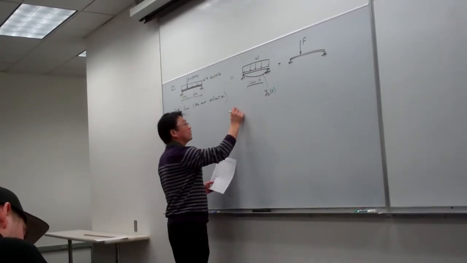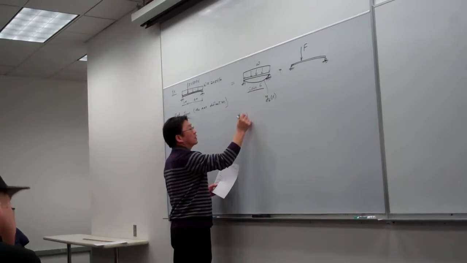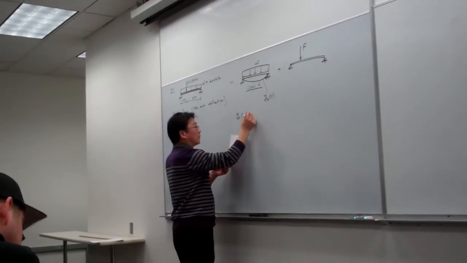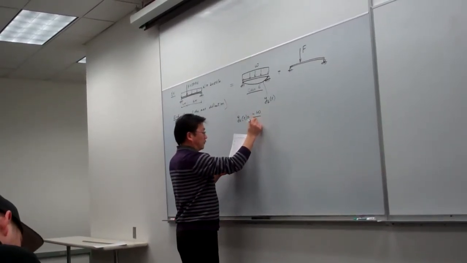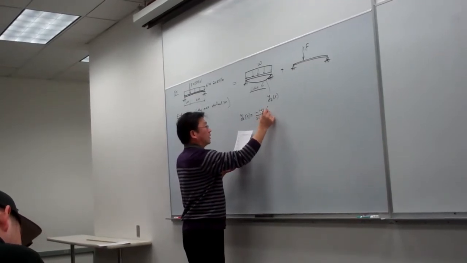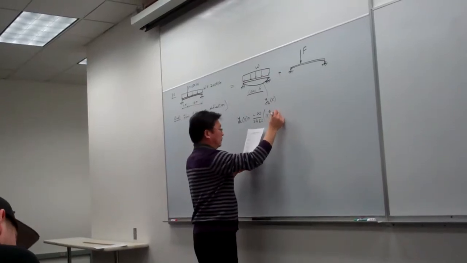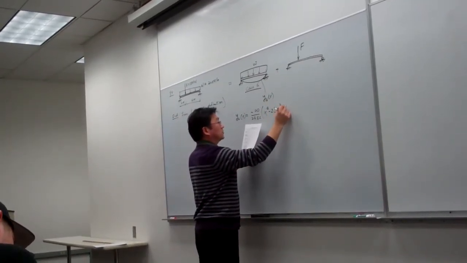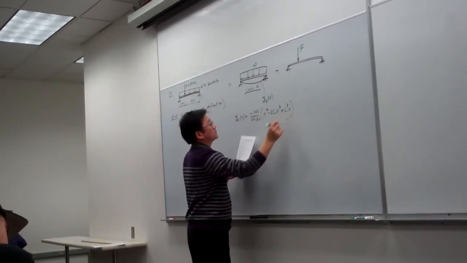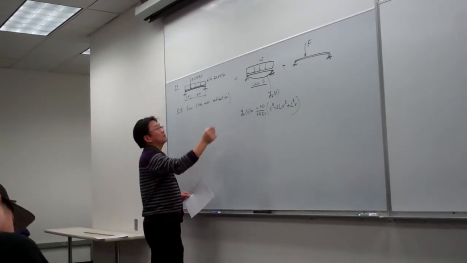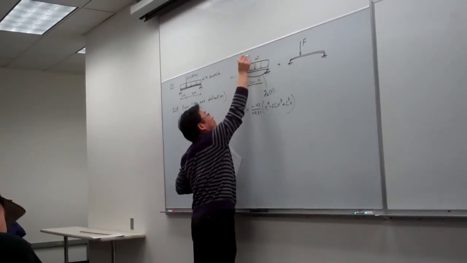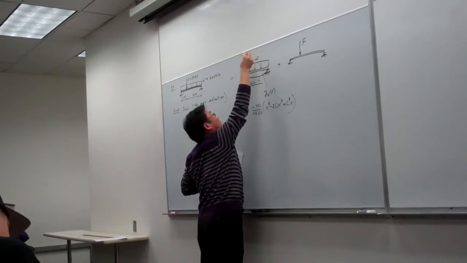Okay, so from the table we can see the Y6 is minus omega over 24 EI, and X^4 minus 2L X^3 plus L^3 X. Okay, the L is the total length of the beam.